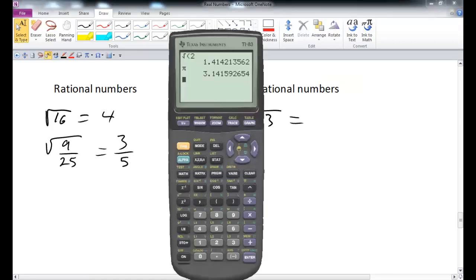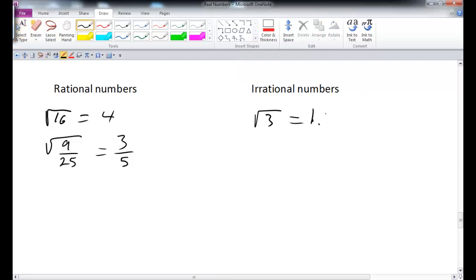Let's look at the square root of 3. I don't know it off by heart. So there it is. 1.732050, and it continues and doesn't repeat, it doesn't terminate. So that's an irrational number.